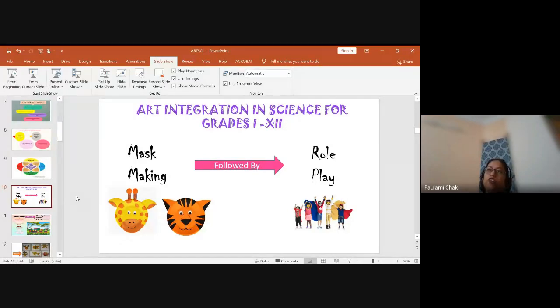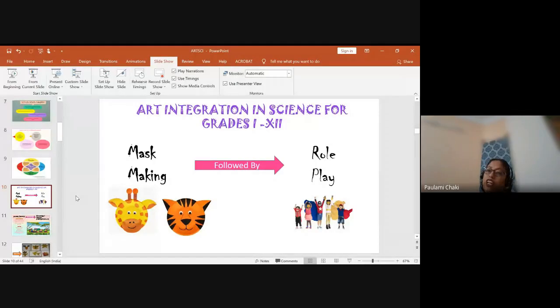In grade 2, we introduce different animals and different nutrients like carbohydrates and vitamins in a very age-appropriate format. Then in grade 3, we have foods we eat. Then there is a lesson called Poonam's Day Out, where Poonam goes out and experiences different animals and living organisms around her. There, this mask making can be used.